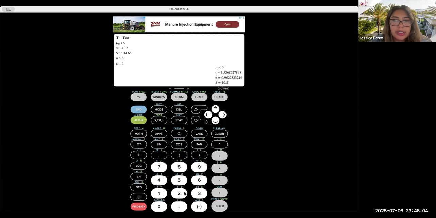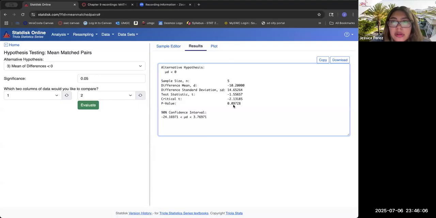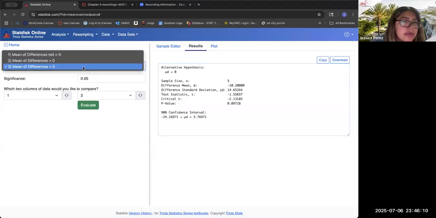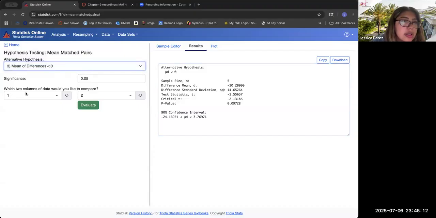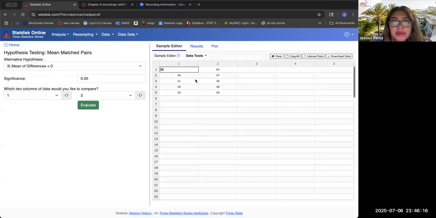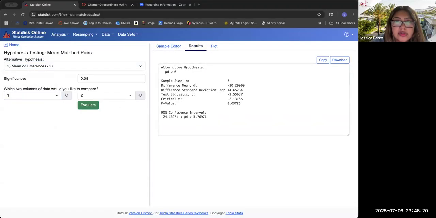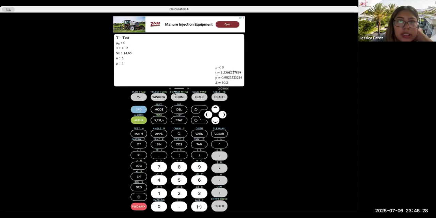So let me go back to StatDisk. 0.09. So there's the mean difference less than 0. Let me look at the editor, making sure all the values are in there. There's a result. Mean D is less than 0. That's what I want. There's my sample size. So there's a glitch on the calculator.